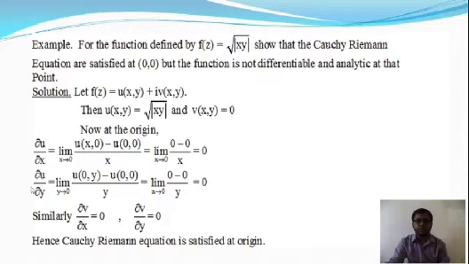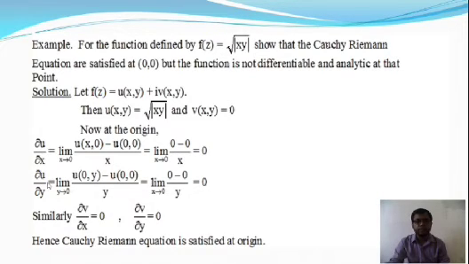From this we get del u del x is equal to del v del y, as well as del u del y is equal to minus del v del x. So all the partial differentiations are 0, and it satisfies all the conditions of the Cauchy-Riemann equations.